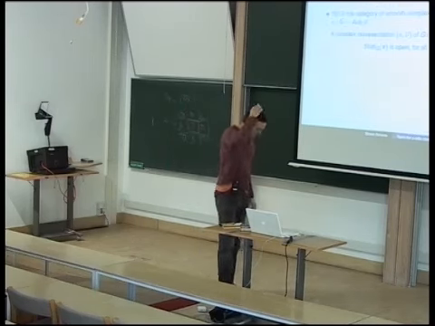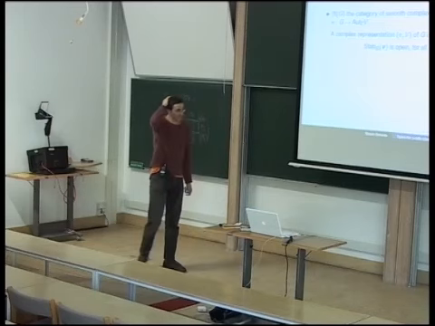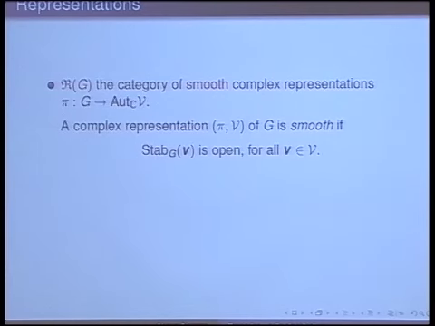Okay, so now let me talk about some representation theory. The sorts of representations of these groups that I'm going to look at are smooth representations, and also complex representations. So these are going to be homomorphisms from G into the automorphisms of some complex vector space. And this smoothness condition is a continuity condition.